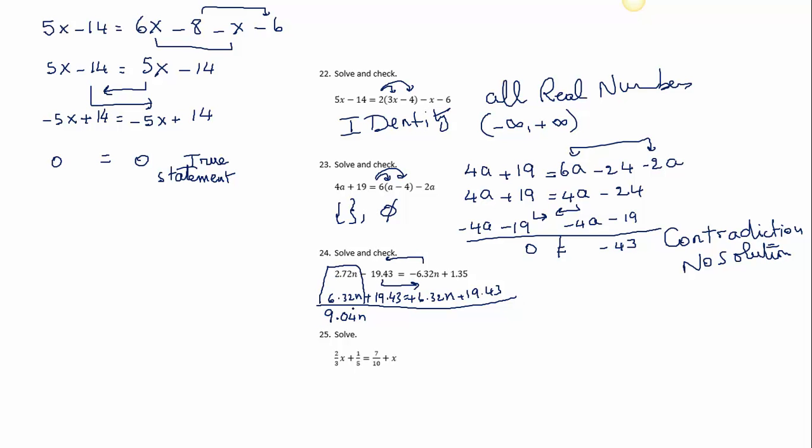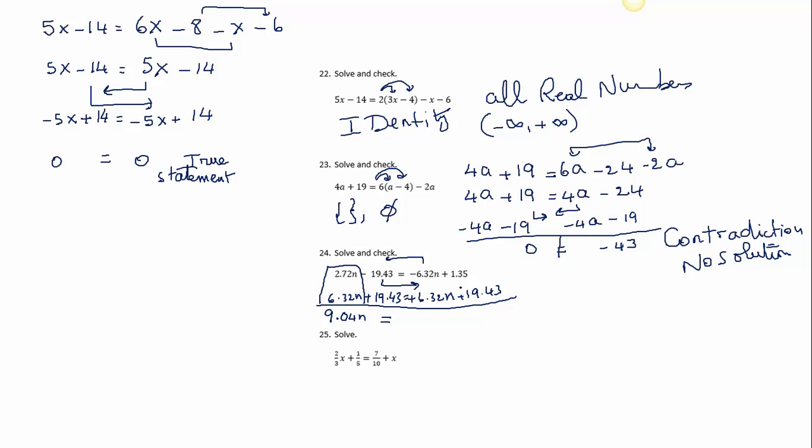So we get 9.04, and let's make sure we're doing this right. 2 plus 2, 4. 7 plus 3, 10. 0, carry 1. 7 plus 2, 9. Bring the decimal. Okay, these two will cancel. 19.43 plus 19.43, they cancel. These two, they cancel because they're exactly the opposite.